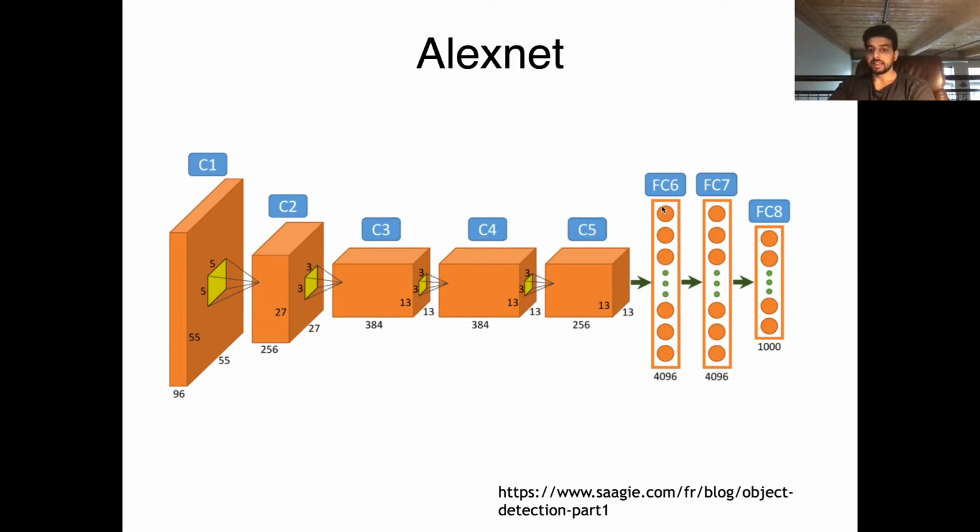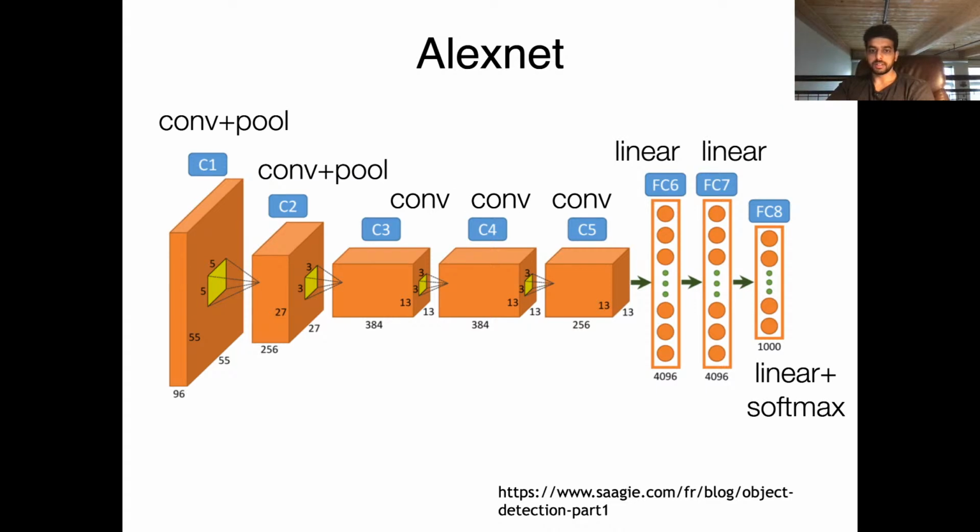And finally, we finish this network with a couple of feed-forward layers before you get your final softmax classification layer over 1,000 different classes. So this is how this original network looked. And we see that whenever we're changing the dimensionality here, we are likely doing some sort of pooling operation.